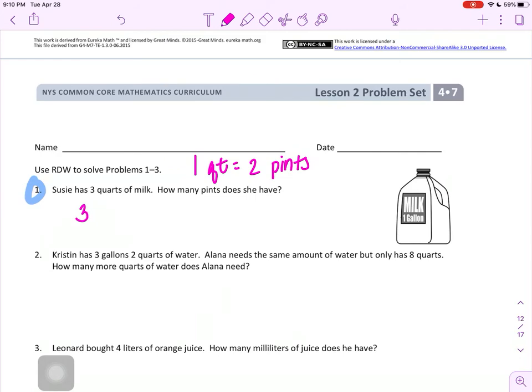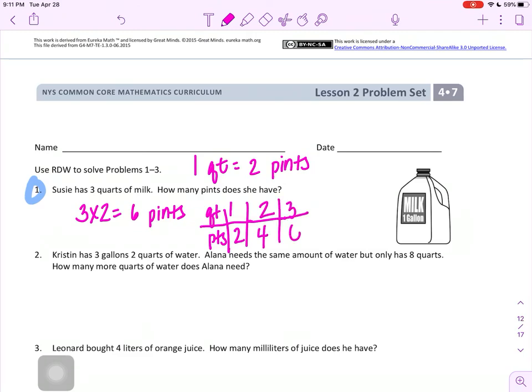2 ways that you can do this. So you can take 3 times 2 and come up with 6 pints. Remember that unit is huge. Or if you want to do like a visual, so if you want to do quarts to pints, so 1 to 2, 2 to 4, 3 to 6, and this is kind of where our patterns come in again, and your answer would still be 6 pints.